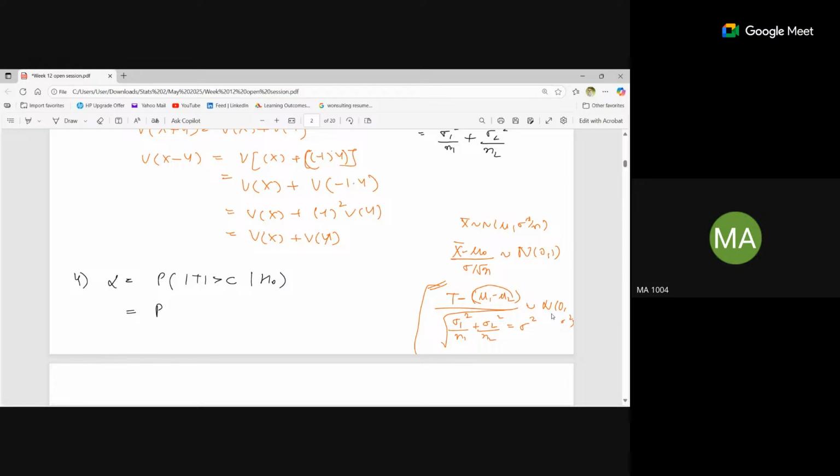But here we are using two samples. For the two samples, my mu1 minus mu2 will be 0 only, but my sigma square will remain this, which is sigma t square.